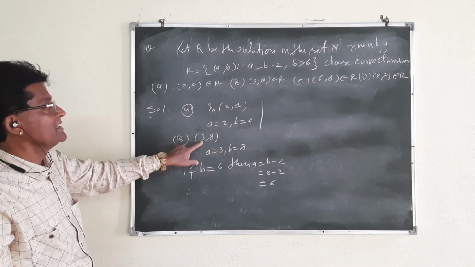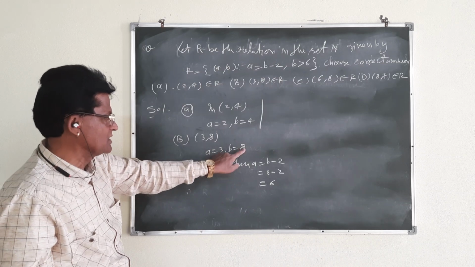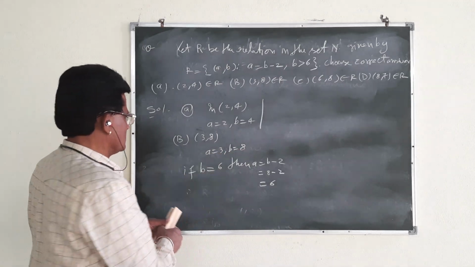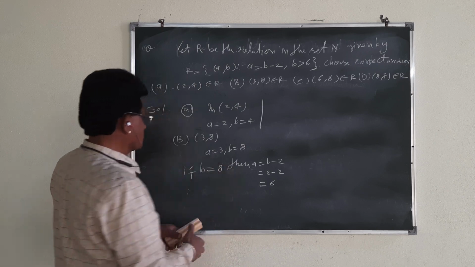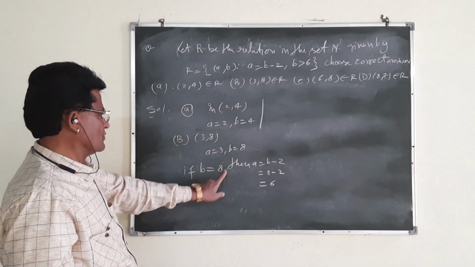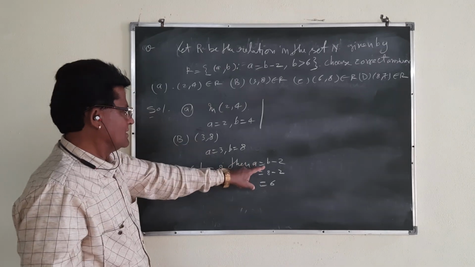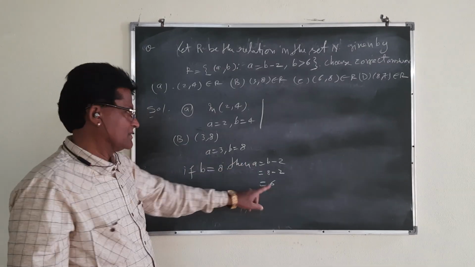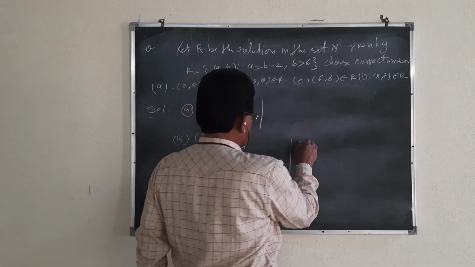This is not the correct relation. Here it is given, choose the correct answer. That is why it is also not the correct answer. I substituted b is equal to 8, and then 8 minus 2 will be 6. But here it is 3.